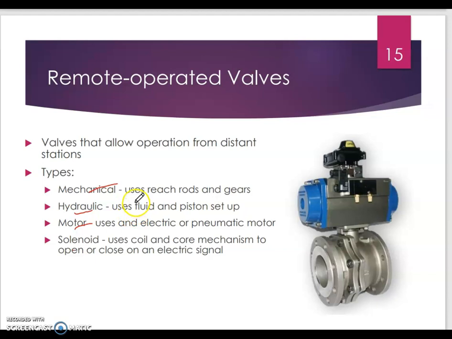The mechanical uses reach rods and gears, and the hydraulic one uses fluid and a piston setup. Then the motor uses an electric or pneumatic motor, and the solenoid uses a coil and core mechanism to open or close the valve on an electric signal.